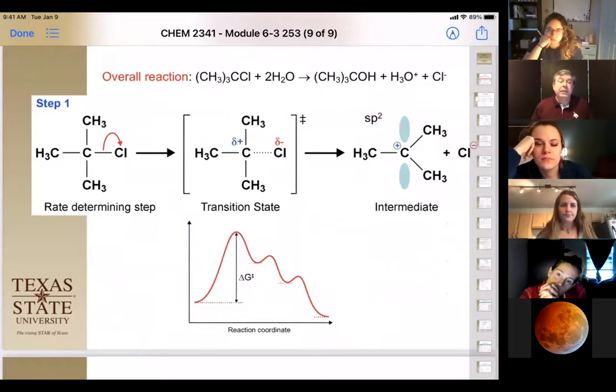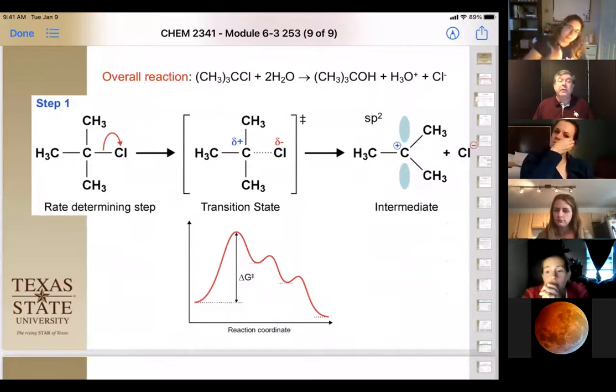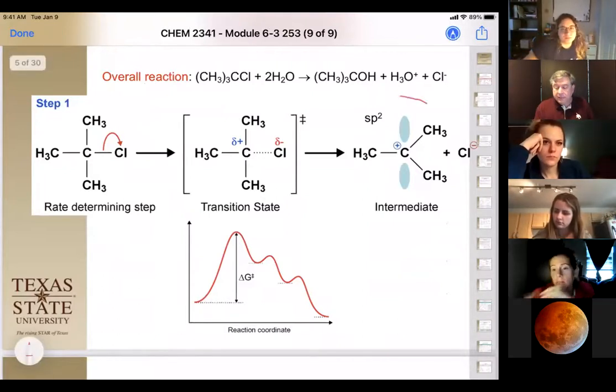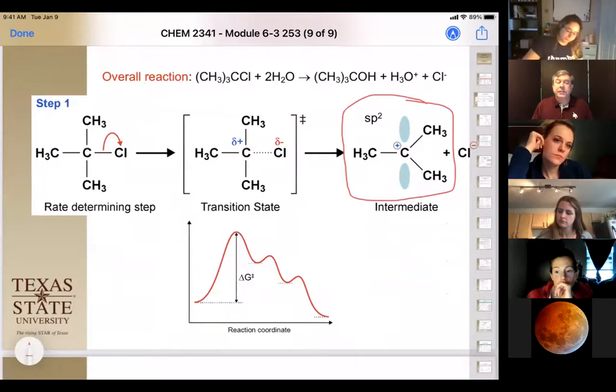Okay, so first thing that has to happen is we have to break a bond. So we have to add a lot of energy to the system to break that bond and create a high energy intermediate. Our high energy intermediate has changed the hybridization of our carbon, and we're left with an empty p orbital.